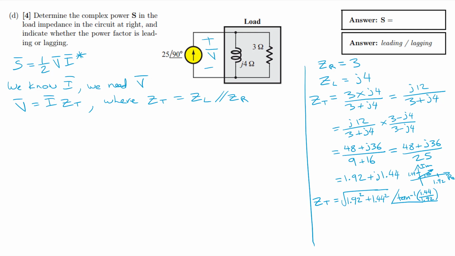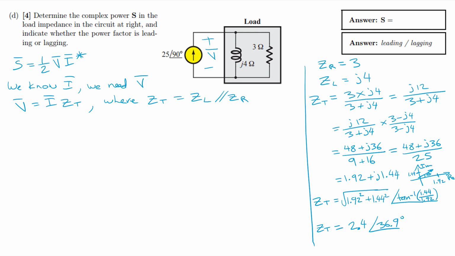Okay, and that is going to work out to a ZT in polar form of 2.4, phase angle of 36.9 degrees. Okay, so now let's go back to the left-hand side and start computing.